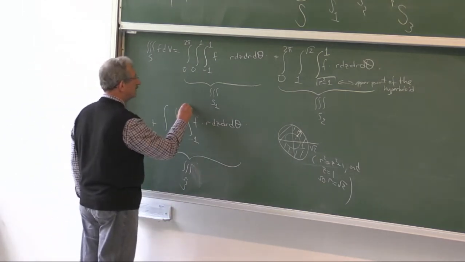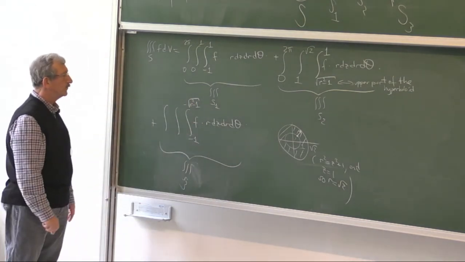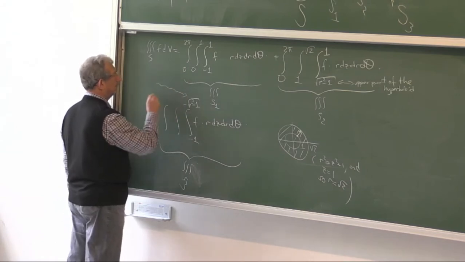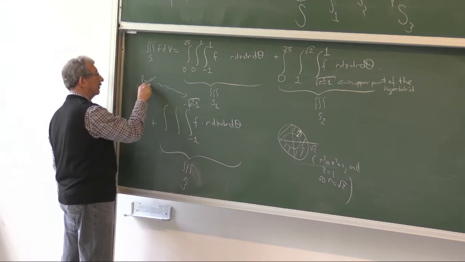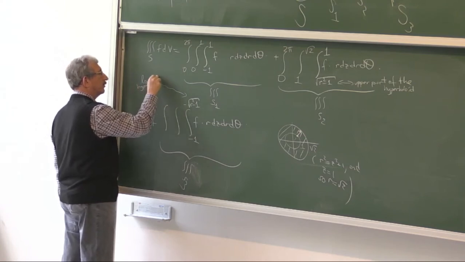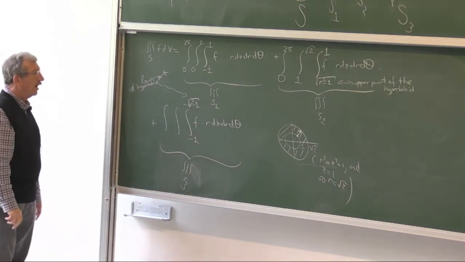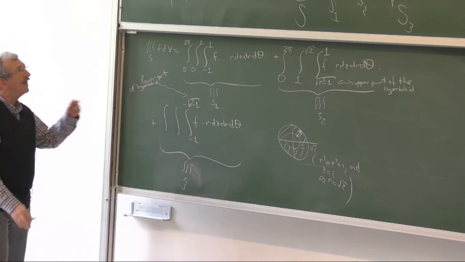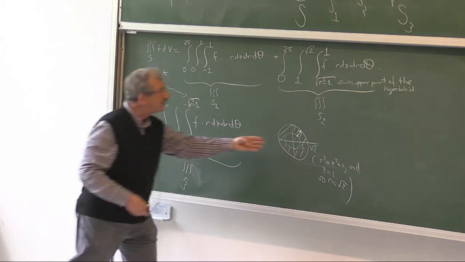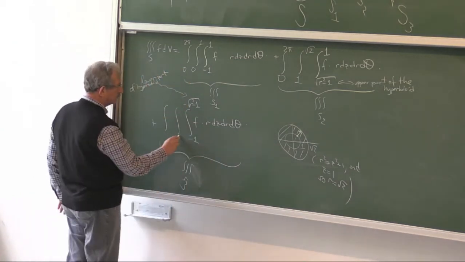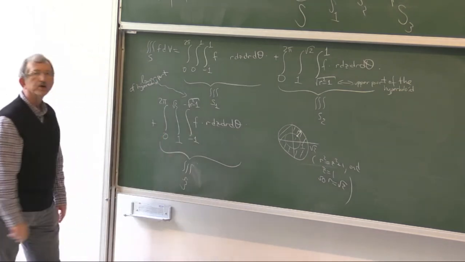So we have minus root r squared minus 1. This is the lower part of the hyperboloid. Apart from that, the rest is just an annulus again, as in this case. So I'm just writing it. So 1 to square root of 2, 0 to 2 pi. The projection does not change.